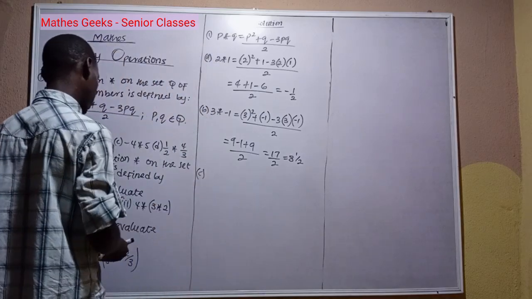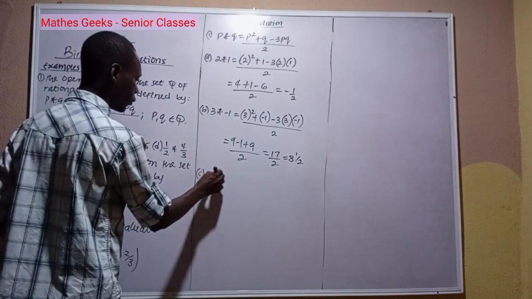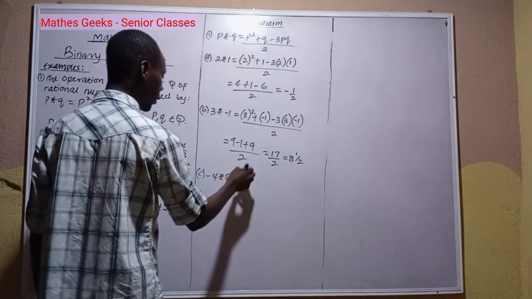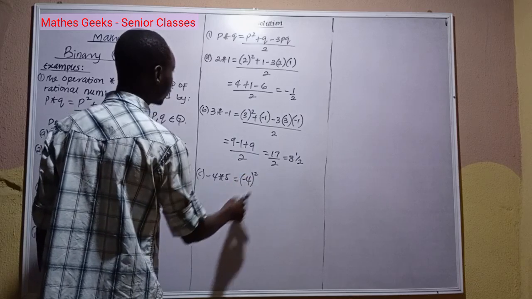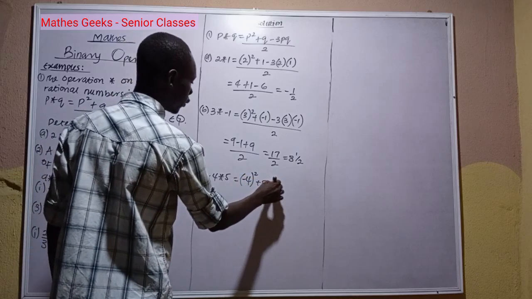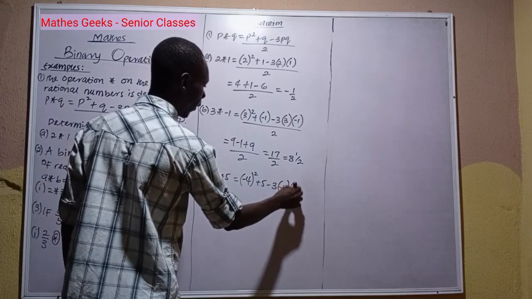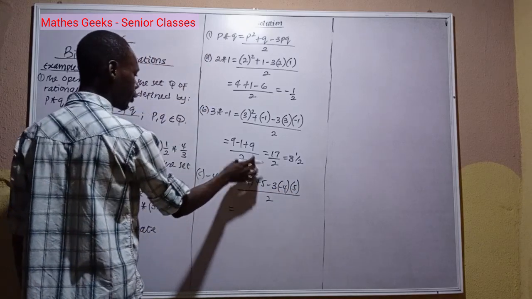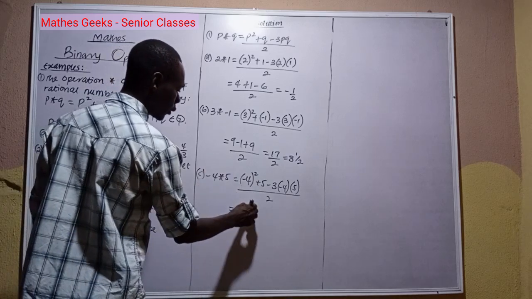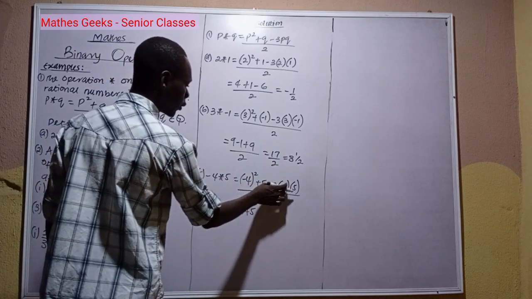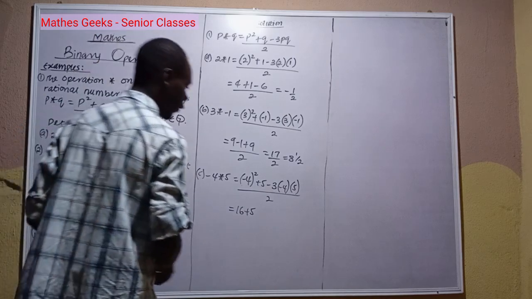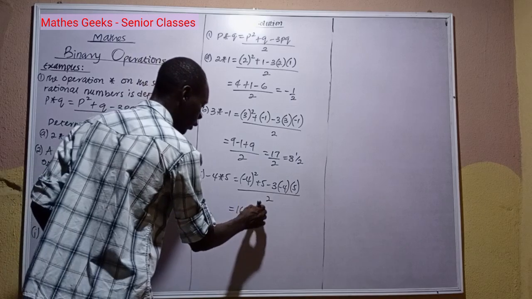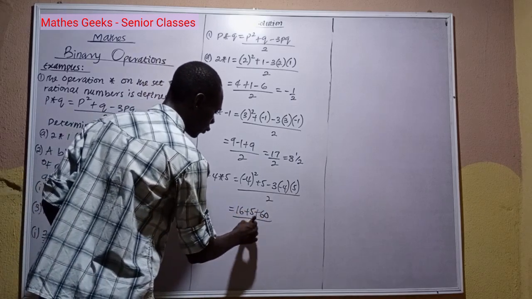C, minus 4 star 5. Our formula: P is minus 4, squared, plus 5, minus 3 times minus 4 times 5, over 2. So minus 4 raised to the power 2 is 16. 16 plus 5, minus 3 times minus 4 is plus 12, and 12 times 5 is plus 60, over 2.